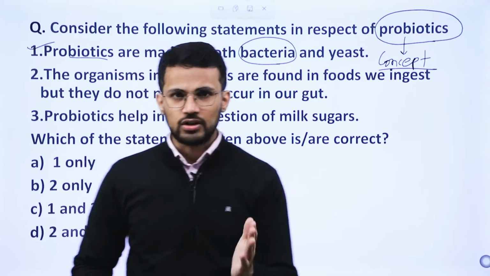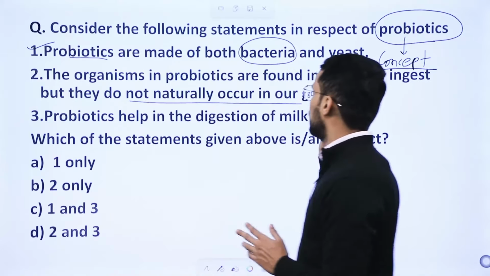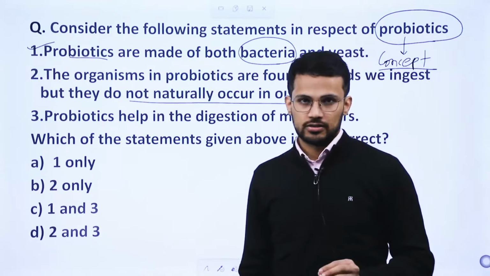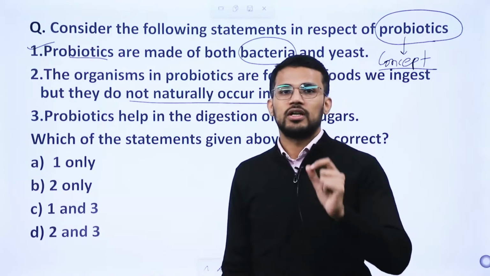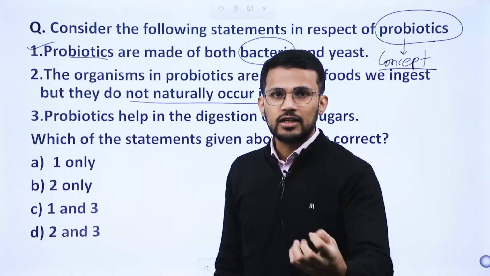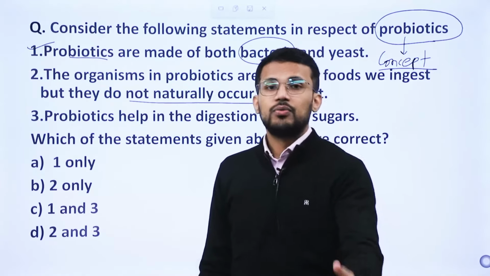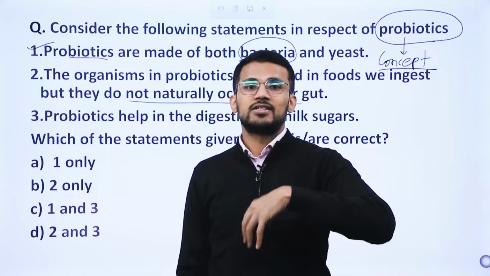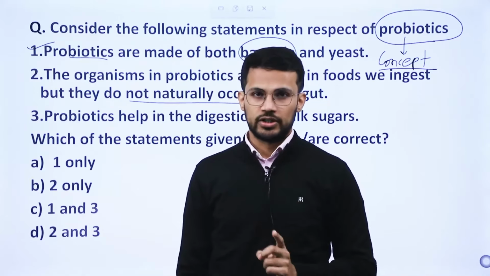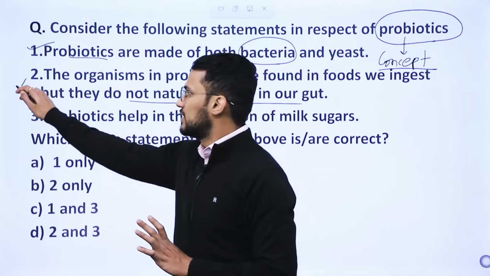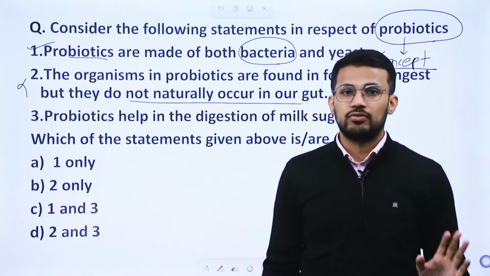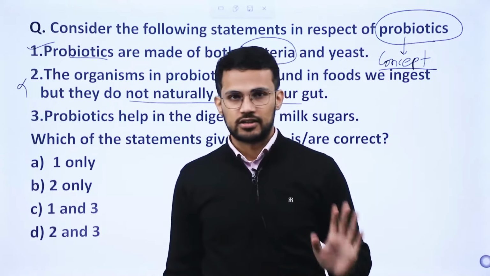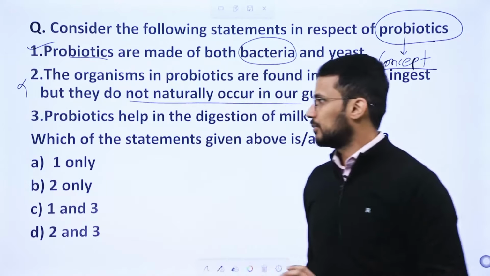It's not that they are not naturally occurring in our gut. They do naturally occur in our gut, but when we take probiotic food, we make sure that it acts as a supplement for our body. And that's why this statement, which says that they do not live naturally in our gut, is incorrect. Fine. So the second statement is incorrect.